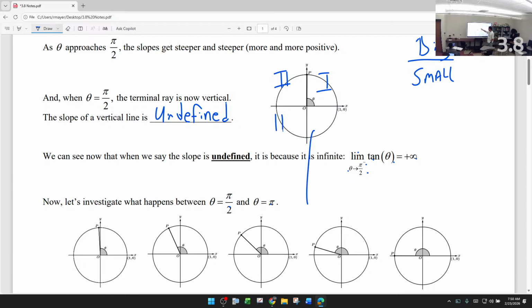In quadrant 3, tangent goes back to positive because both sine and cosine are negative, and a negative over a negative is a positive. And in quadrant 4, we're back to a negative. Okay? Always just keep that in perspective. If you know what sine and cosine are, you should know what tangent is.